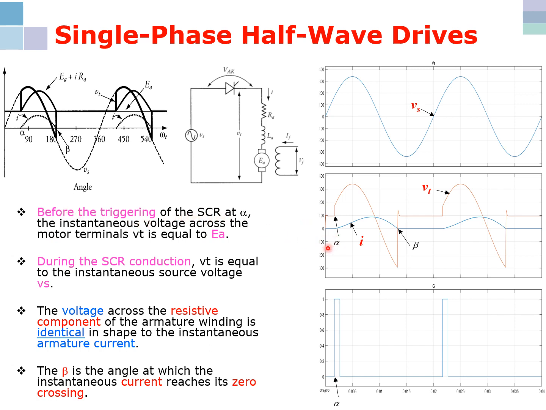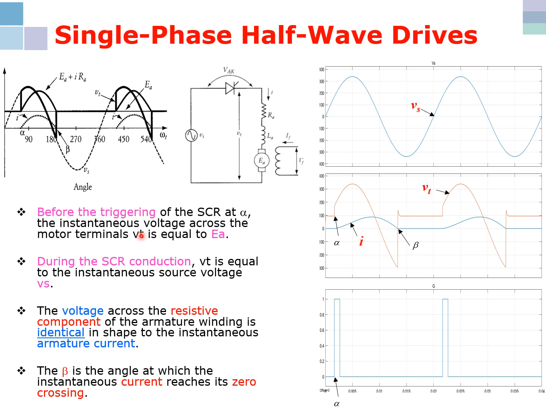if there is no conduction before triggering, the value of I is equal to 0. Then what happens to the value of VT? This is the Vs, which is sinusoidal, and this is the value of Vt, because the Vt depends on the circuit of the operation.